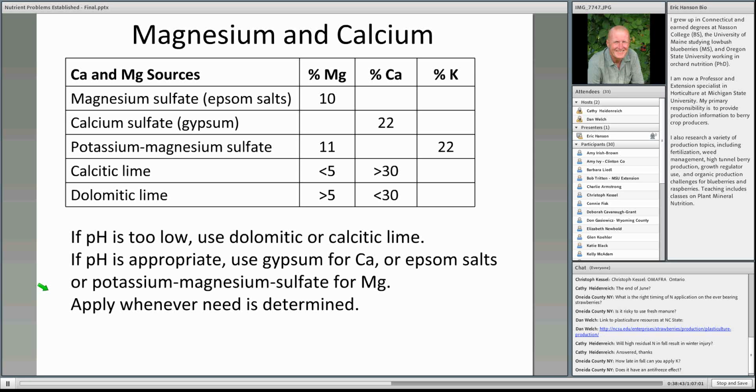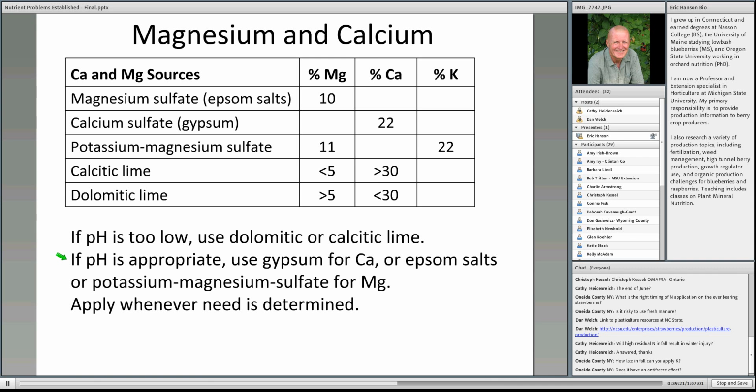Typically, at least under our soil conditions in Michigan, if we're low in magnesium and/or calcium, it nearly always indicates that the pH is too low. So the correction would be to apply either calcitic or dolomitic lime. Under our conditions, we tend to have more of an abundance of calcium relative to magnesium in the soils, so dolomitic lime usually is a better choice, but the soil tests will tell you that.